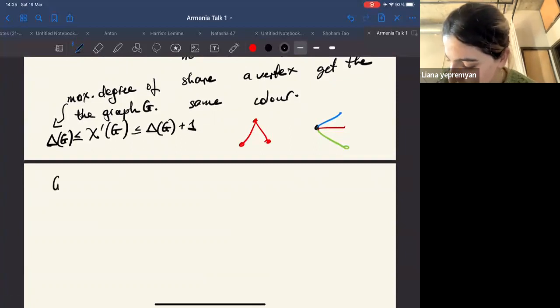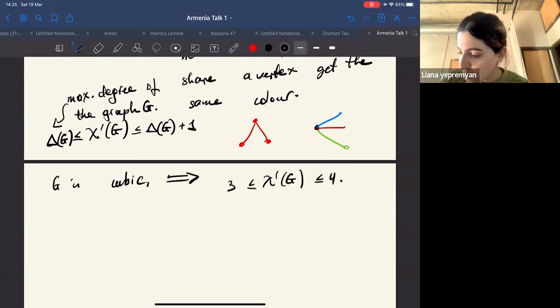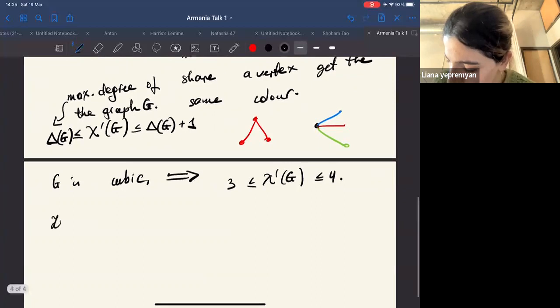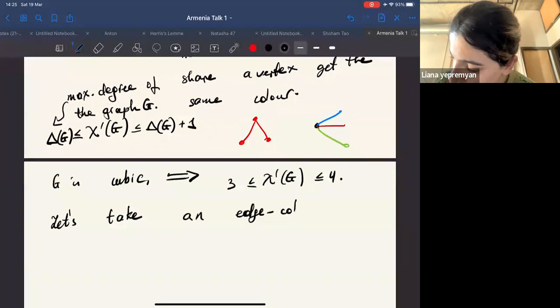So G is cubic, therefore chi prime of G is between 3 and 4. And that means let's take a coloring with 4 colors. Let's take an edge coloring of G with 4 colors.